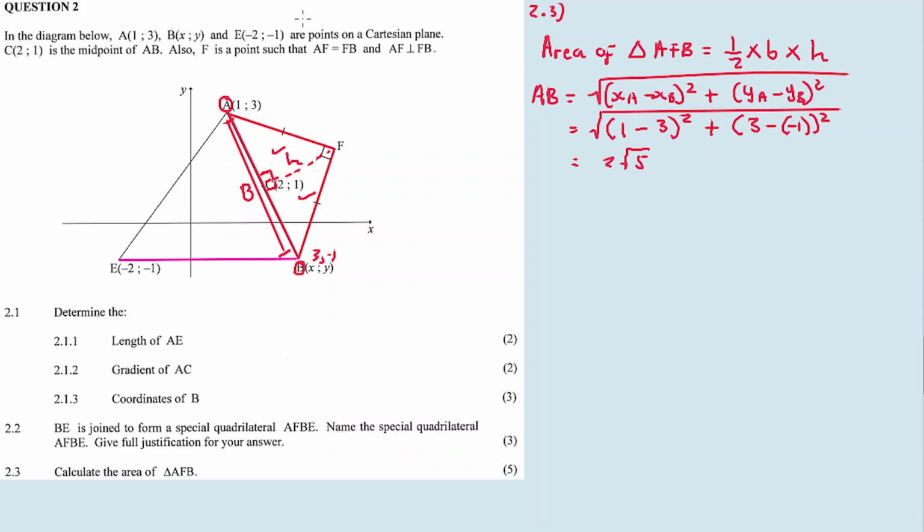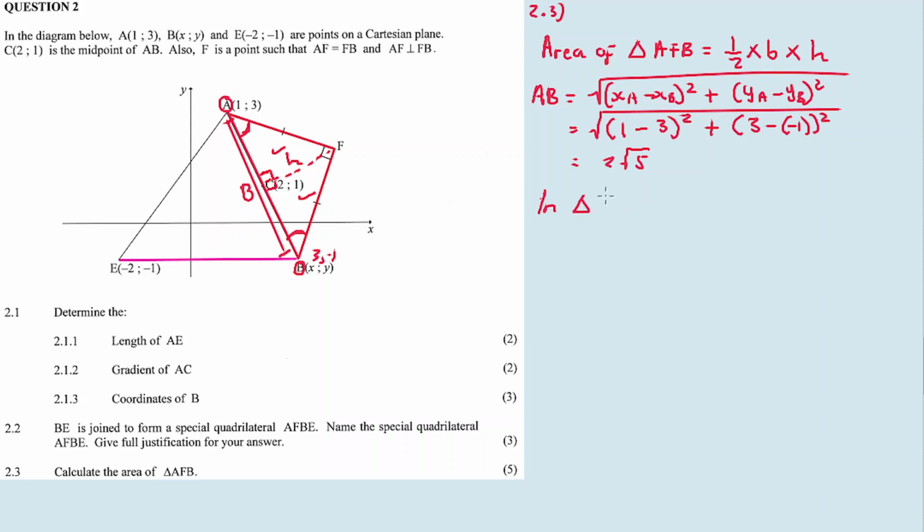And we know that these two angles must be equal. Therefore, let's use this triangle to calculate height. You can also use the other one, it doesn't matter, because they are the same anyway, right?